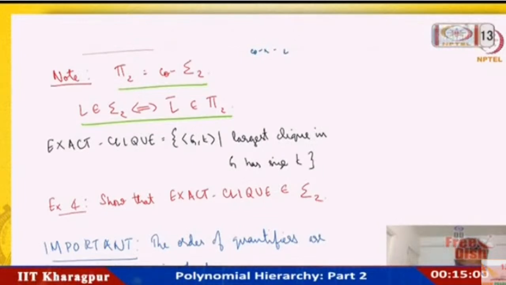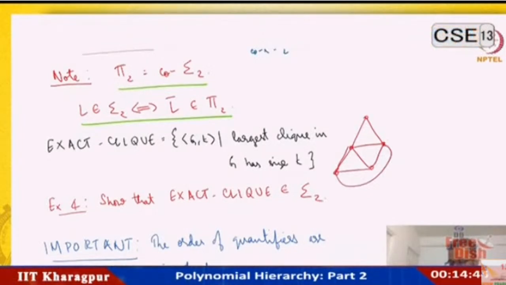So if I give G comma 3 as an instance, it will be a yes instance for clique, but it will not be a yes instance for exact clique because there is a clique of size 4. So exact clique requires k to be the size of the largest clique in that graph.